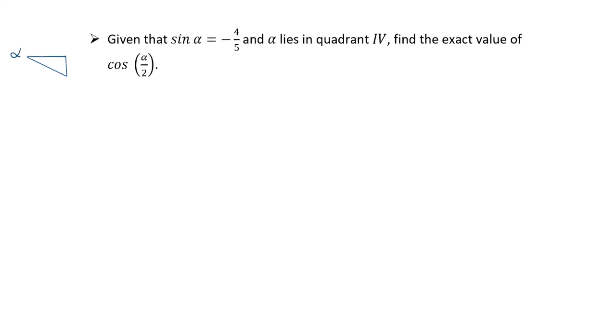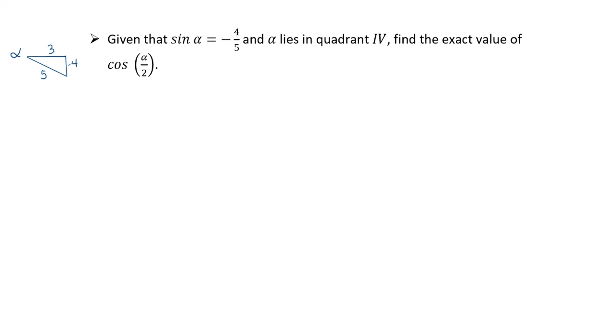I know the sine of alpha is opposite over hypotenuse, and this side will be 3 using the Pythagorean theorem. I know in the fourth quadrant that my sign here is going to be a negative.